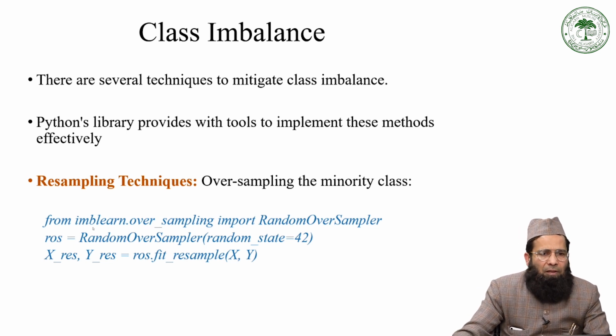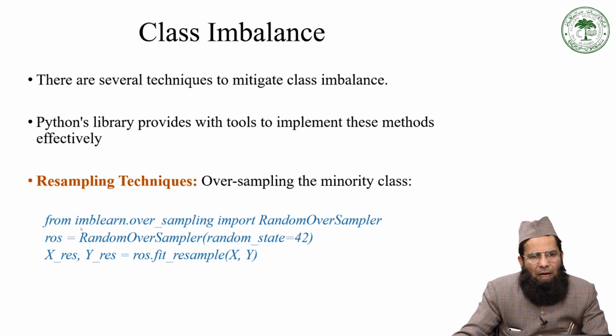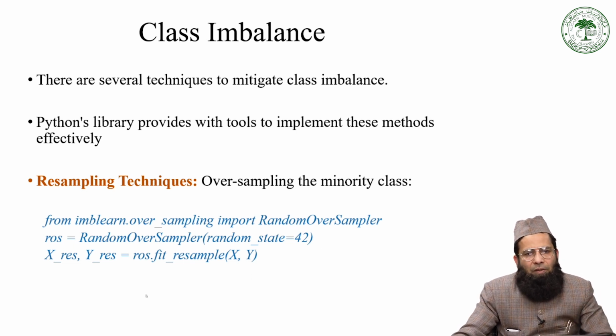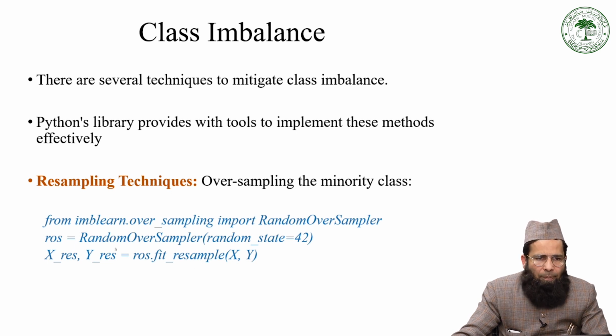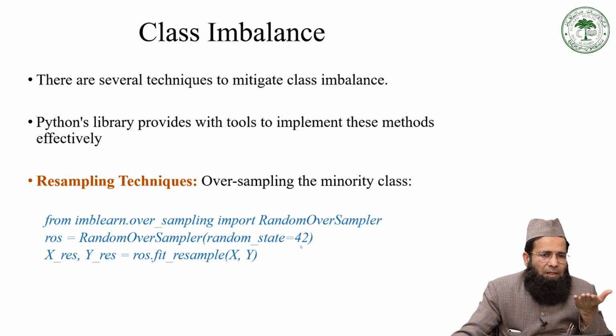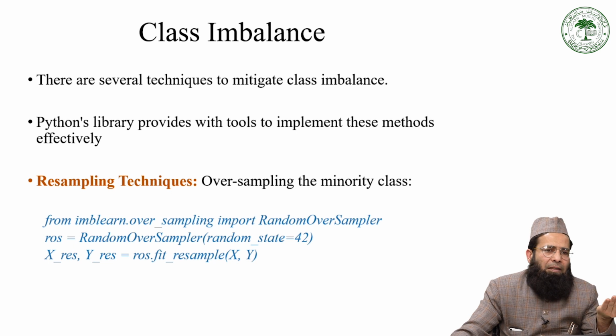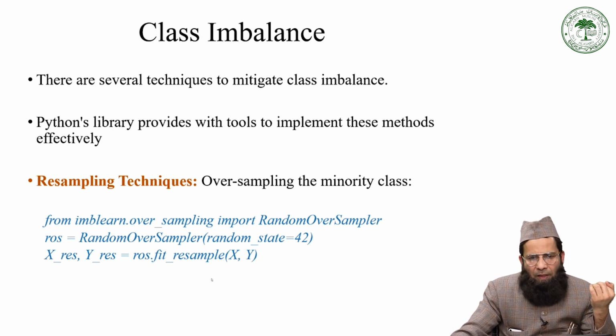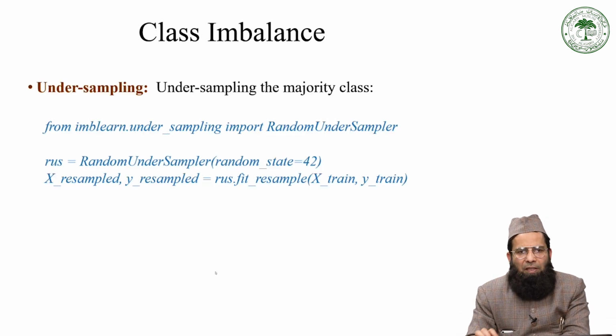For that purpose, we'll use the imblearn package, and here you need to use RandomOverSampler. So we are trying to oversample the minority class. Again, the random state is equal to 42, which guarantees that you can regenerate the same records. So this is the very first option, resampling.